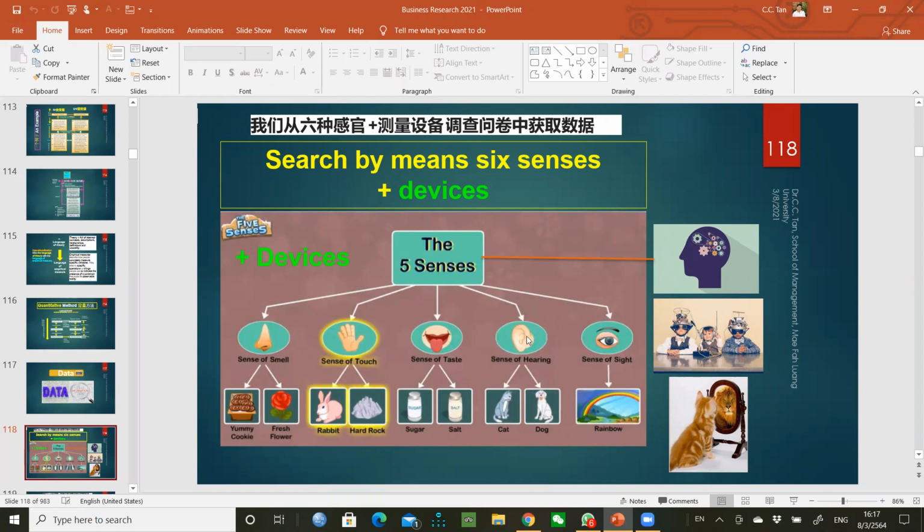The sense of hearing you should also master, and sense of sight, and so on and so forth. Okay, so all these are very important details, plus things that we cannot measure.